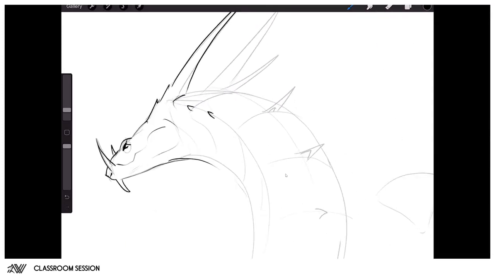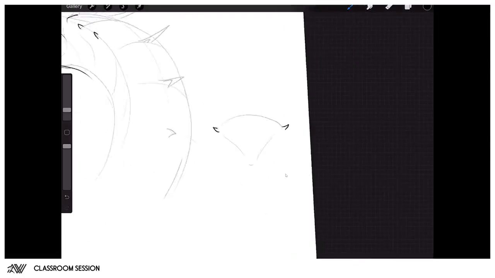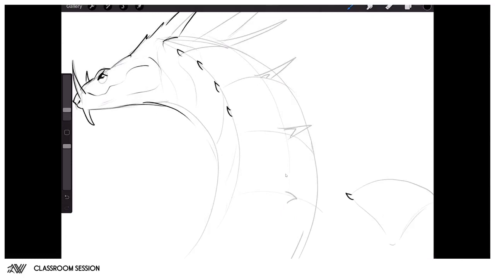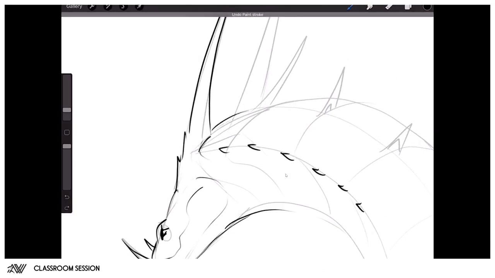Maybe there's some horns, like on this contour, maybe there's some horns here as well. So we can add horns like that. Just following that contour, very simple.